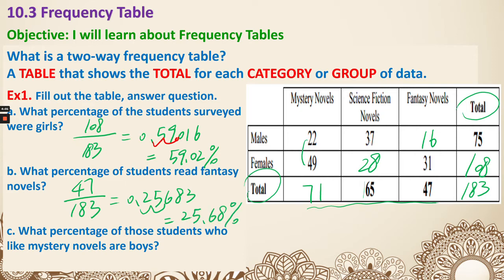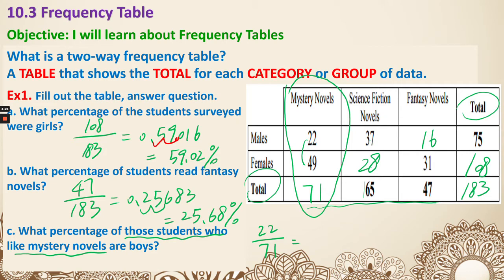What percent of those students who like mystery novels are boys? Those students who like mystery novels, so we're just looking at the first column, which is going to be our total. It's not out of 183. So that is going to be 22 out of 71. 22 of the 71 are boys.